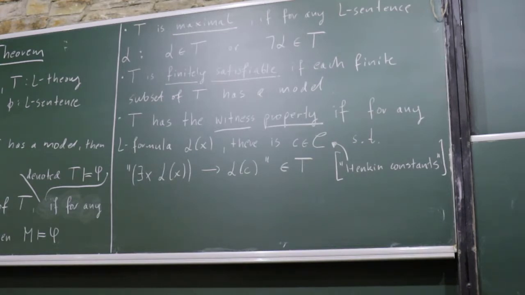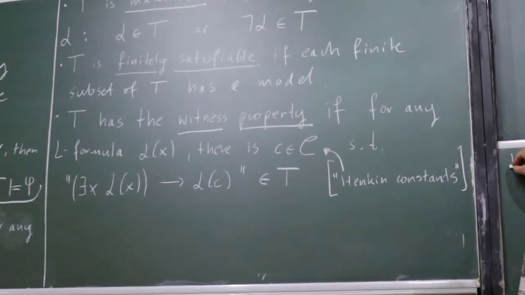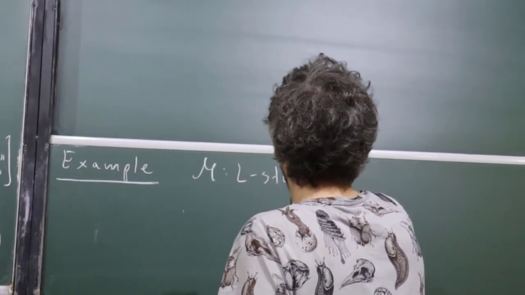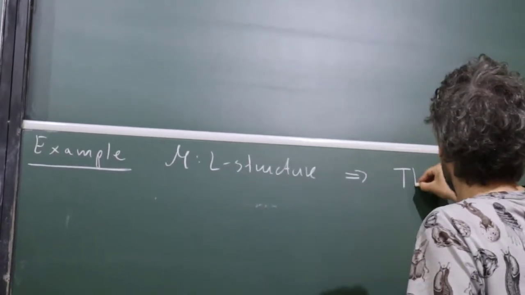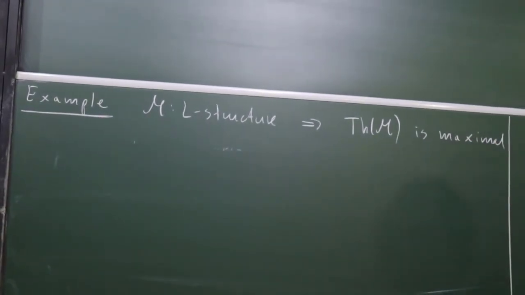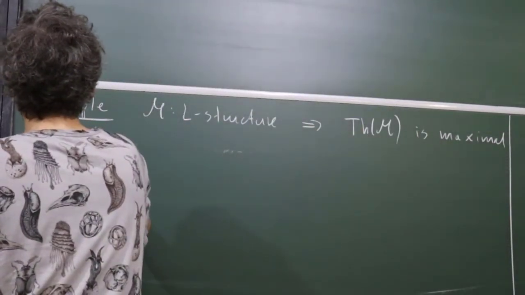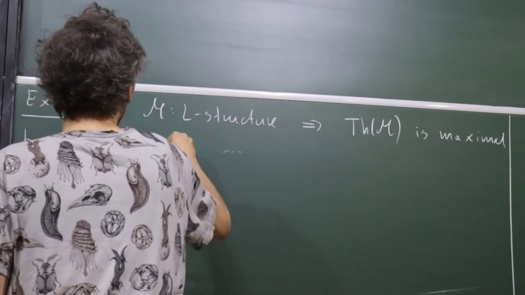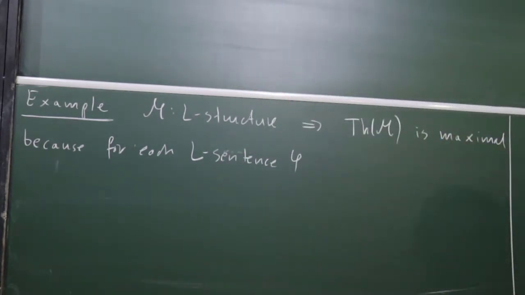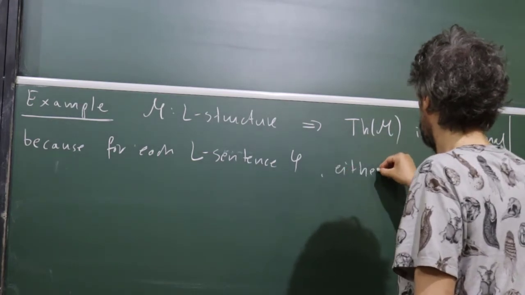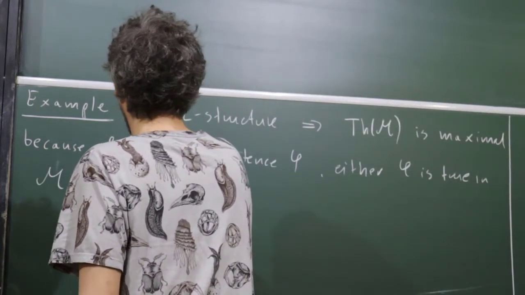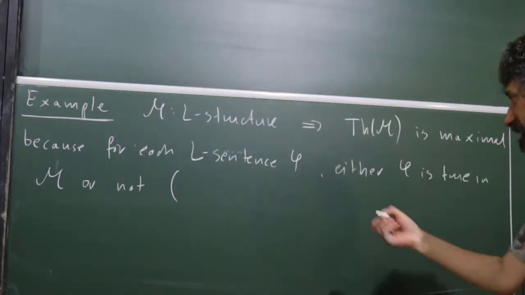It's easy to give an example of a maximal theory. If M is an L structure, then the theory of M is maximal, because for each L sentence, either it's true or not, just the rule of life, and never both.